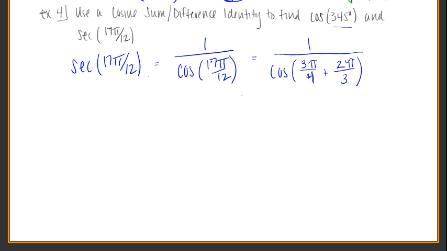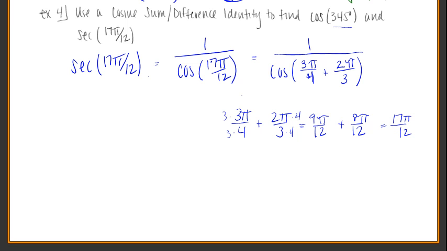And to check, let's come down here for just a second. 3 pi over 4 plus 2 pi over 3. If we get a common denominator of 12, 4 times 3, so 3 times 3 is 9. 3 times 4, so 2 times 4 is 8. And 9 and 8 is 17 pi over 12. So there we go. Those two work out.